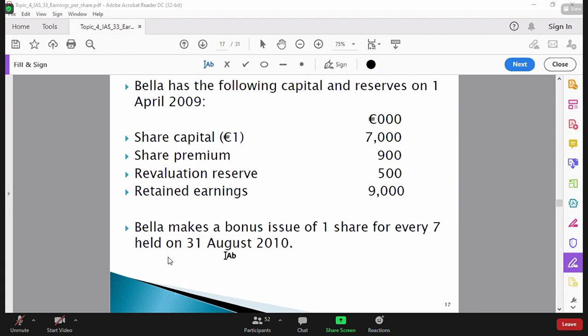Count together: months 4, 5, 6, 7, 8. If you can't count in your head, just use your hand, it's fine in the exam too. It is 5/12, sorry, my mistake, 5 months. 5/12, thank you. Then the shares become 8/7, multiplied with 8/7.